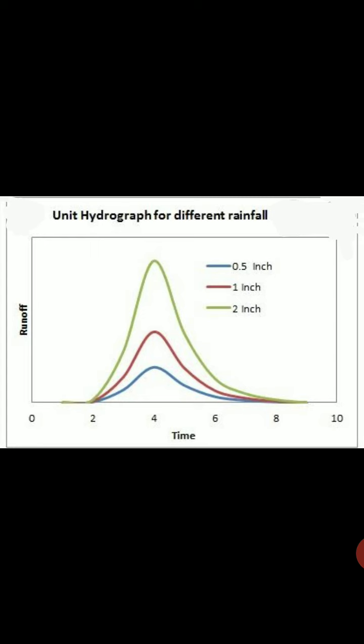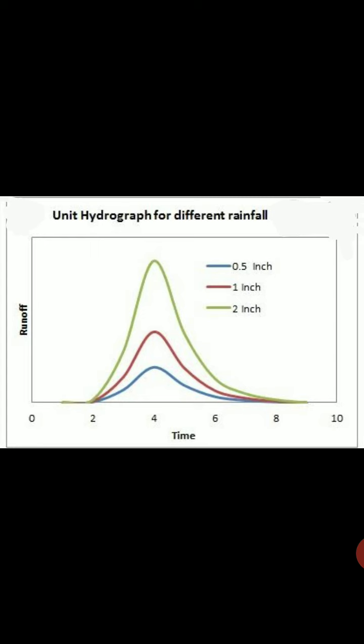For a given drainage basin, the base period of the hydrographs of direct runoff corresponding to effective rainfalls of different intensities but same unit duration is constant. The ordinates of all the direct runoff hydrographs of a common base period are directly proportional to the total amount of direct runoff represented by each hydrograph.